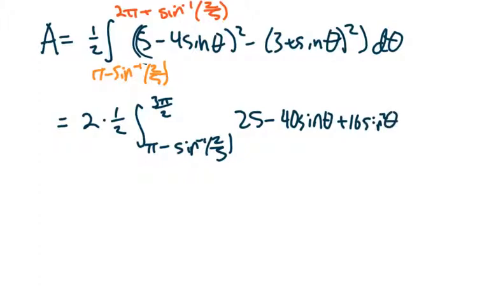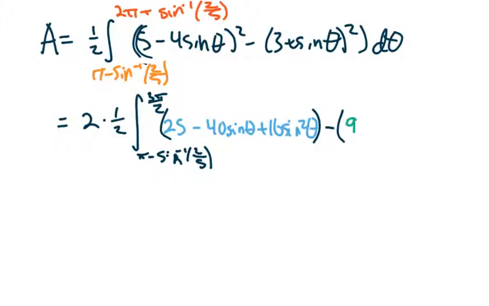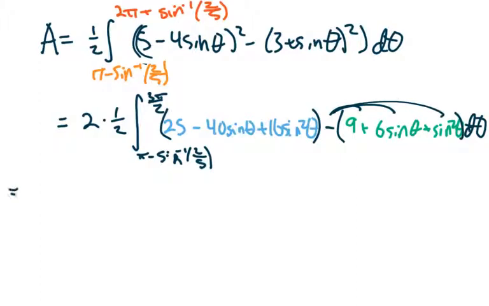And you're going to have to FOIL this one too. 3 squared plus 3 times 1 times 2 sine theta plus sine squared theta. And then you're going to distribute and combine like terms. Of course, on the next line, it's really helpful now that we can just 2 times 1/2 that out of there.